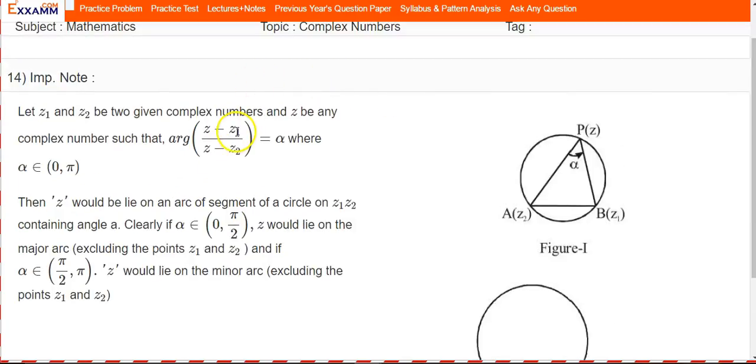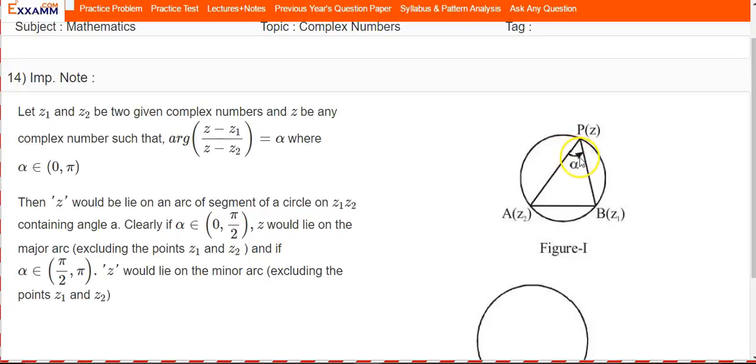Here, applying the rotation formula, what do we get? Argument of (Z1 minus Z) divided by (Z2 minus Z), if it is given as alpha, then it is moving like this, and here also this angle is alpha. Since all angles are the same, we can say that this is forming a circle, and whether it forms the bigger circle or the smaller circle depends on whether alpha is less than pi by 2 or more than pi by 2.